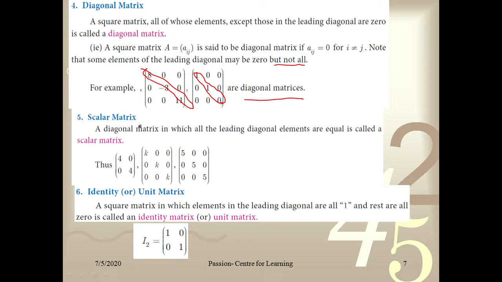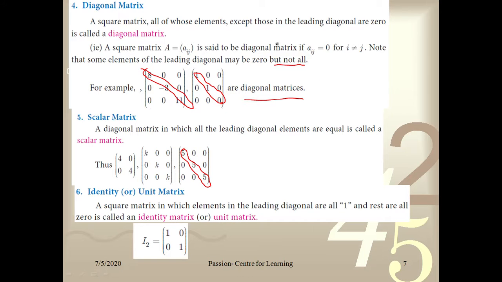A diagonal matrix in which all the diagonal elements are equal is called a scalar matrix. So it will have values only in the diagonal part, but these values should be the same. It may be any number, 6 or 5 or k or 4, 2, anything, but only in the diagonal elements. Then you can ask, this is also a diagonal matrix, this is also a diagonal matrix, so what is the difference between these two?